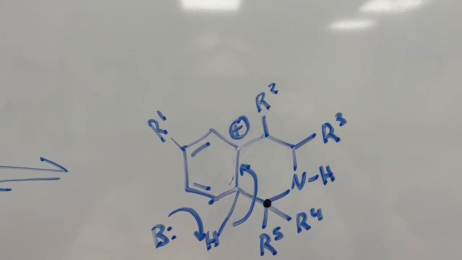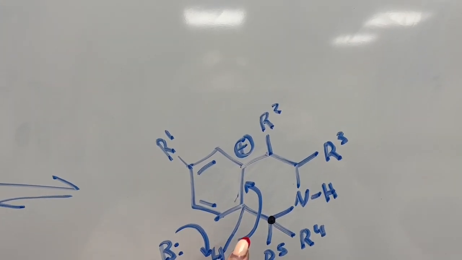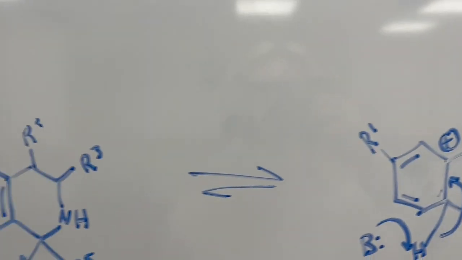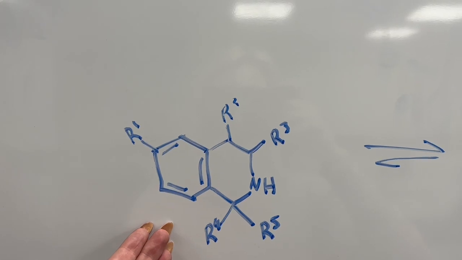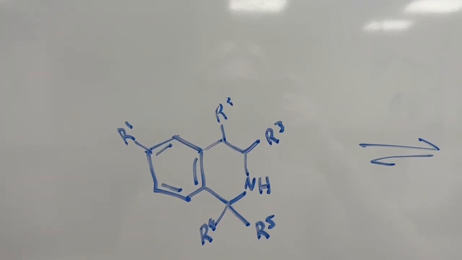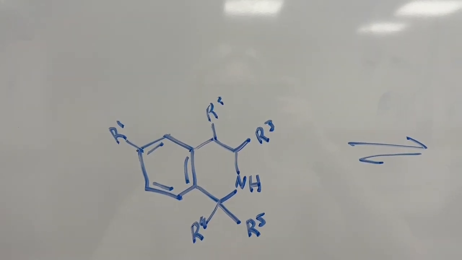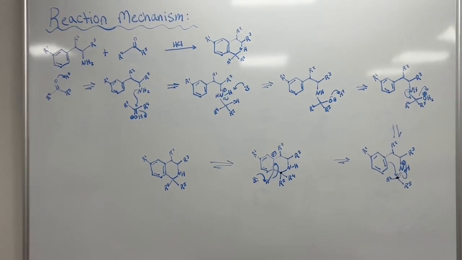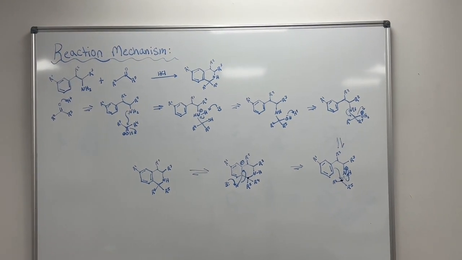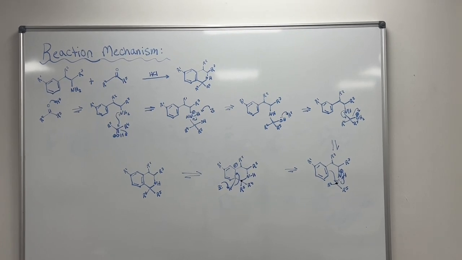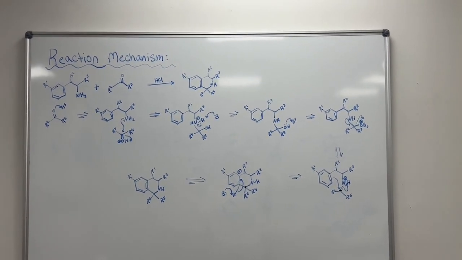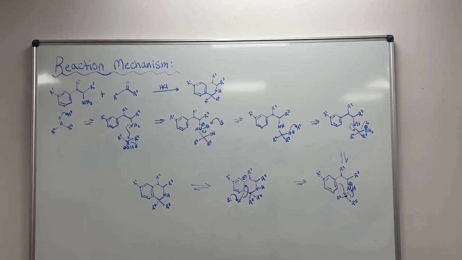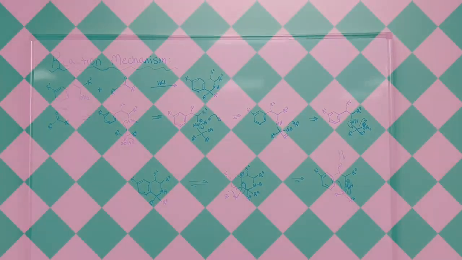And then from here, it's just a simple deprotonation to recreate our double bond to get rid of this carbocation. And that just leaves us with our product. So all of our groups didn't really have anything to do with it. That was the overall mechanism for the Pictet-Spengler reaction, and you can definitely see similarities between the Bischler-Napieralski and the Pictet-Spengler reaction with our starting materials.